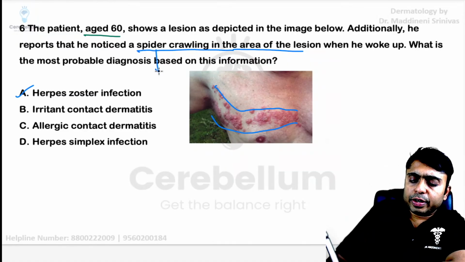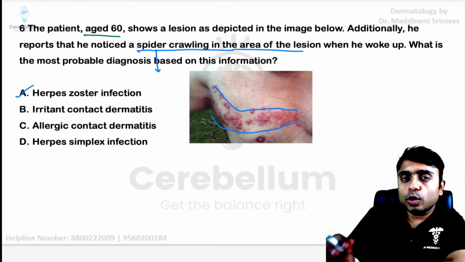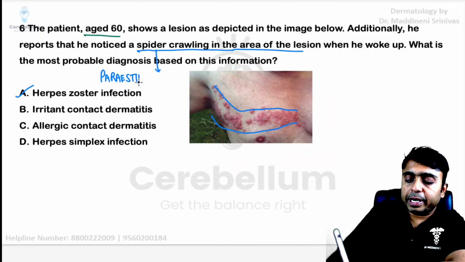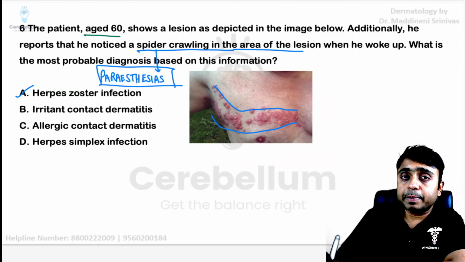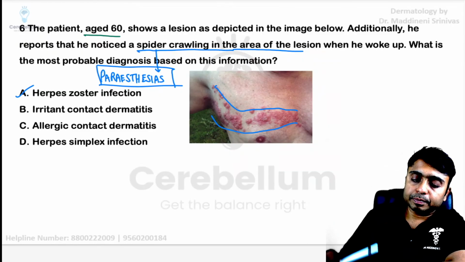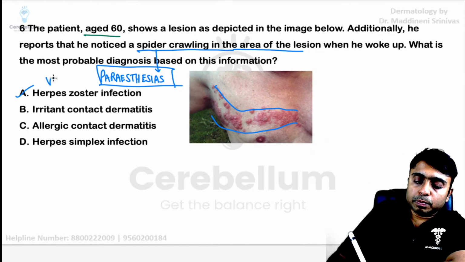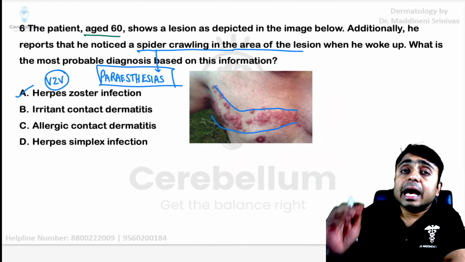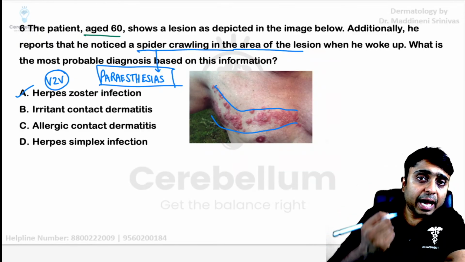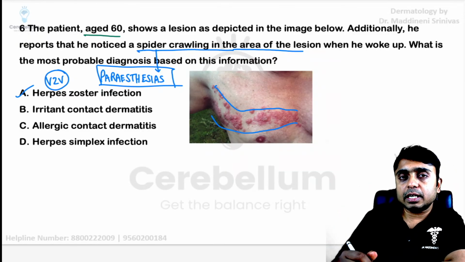And this history of a spider crawling over the body most likely gives us a clue that it is some kind of paresthesia, which the patient is experiencing due to damage of the nerves in that particular dermatome. Herpes zoster infection is produced by varicella zoster virus reactivation. In the primary infection, you all know that it is varicella, chickenpox, produced by varicella zoster virus.